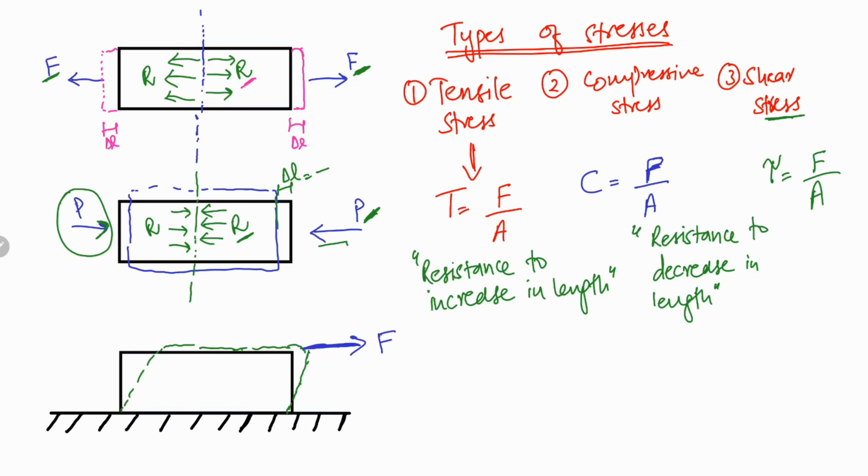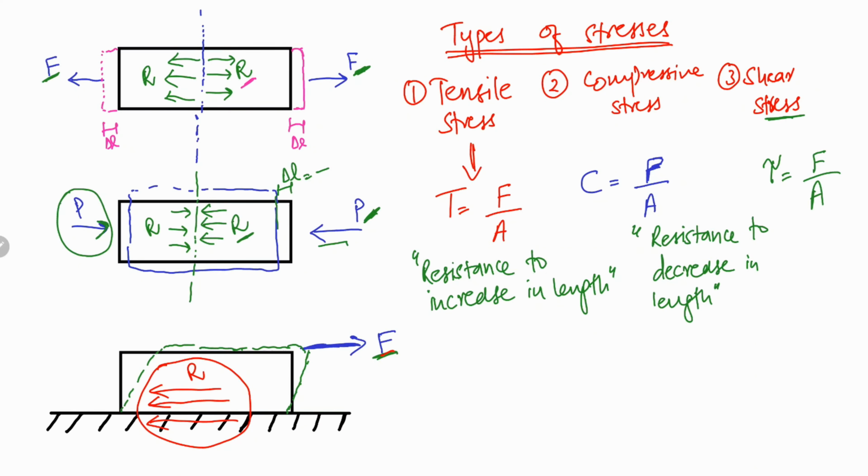So what happens, due to the shear force, the body will slide, and there will be some internal stresses created inside this object. So the internal stresses will be acting here in this direction, and this will be equal in magnitude but opposite in direction to that of F, and this I represent by R again. And this internal resistance that is created to resist the sliding of the object is known as the shear stresses.